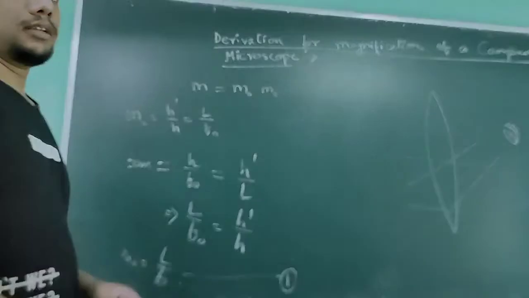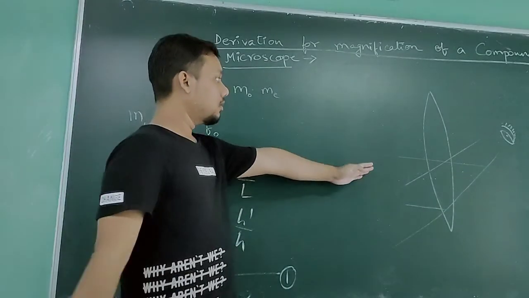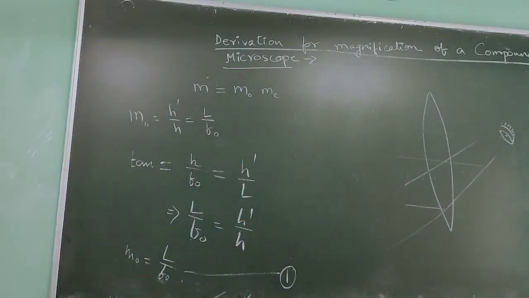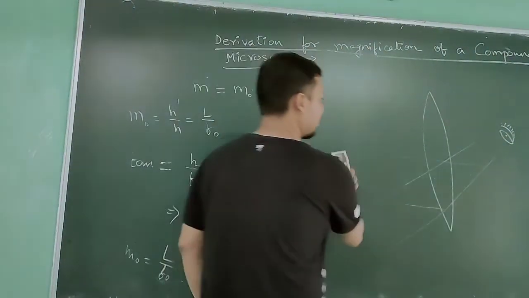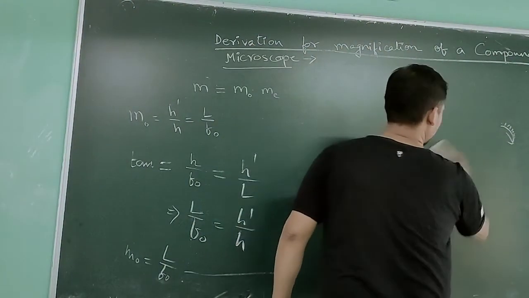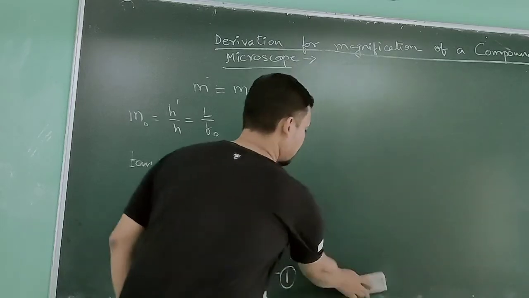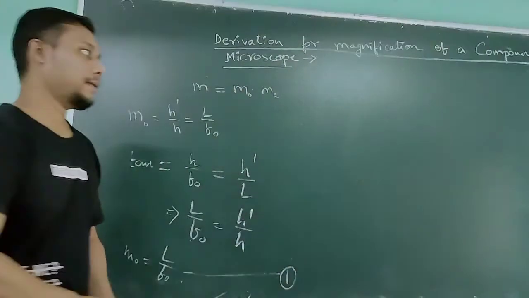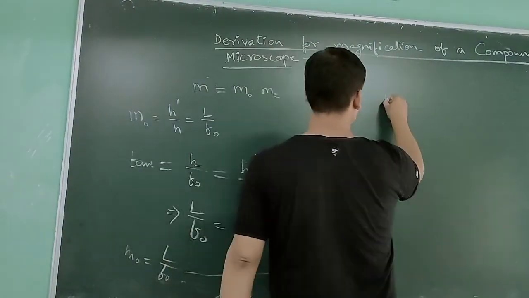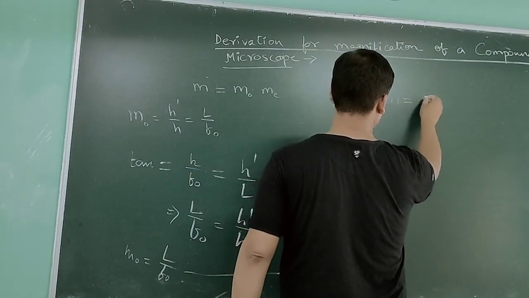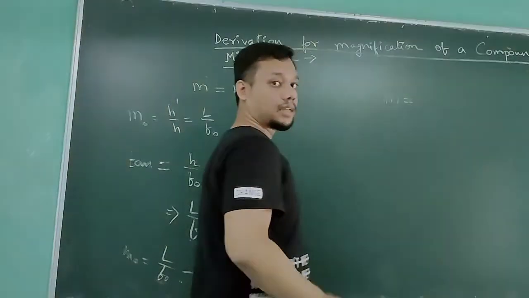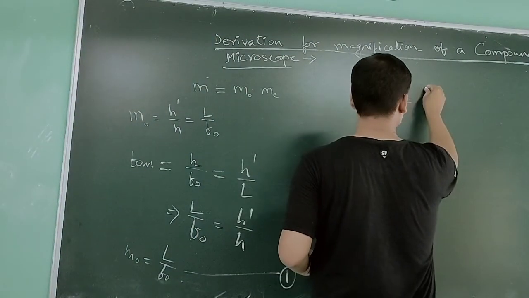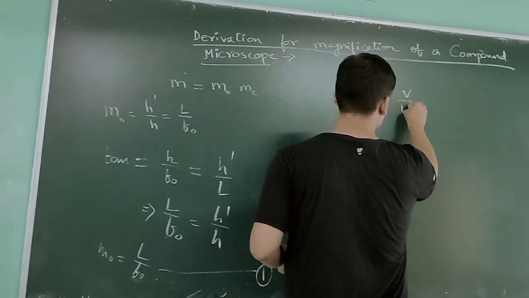Now we will see the magnification for the eyepiece. The magnification for the eyepiece will be similar to the derivation that we have done for the simple microscope. Magnification is given by v by u, positive.